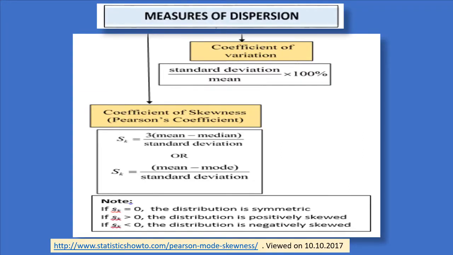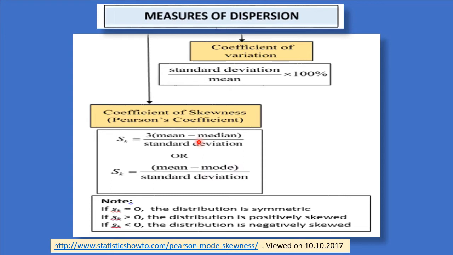To find the coefficient of skewness, that is Pearson's coefficient, we will use either the formula using the median or the formula using the mode.